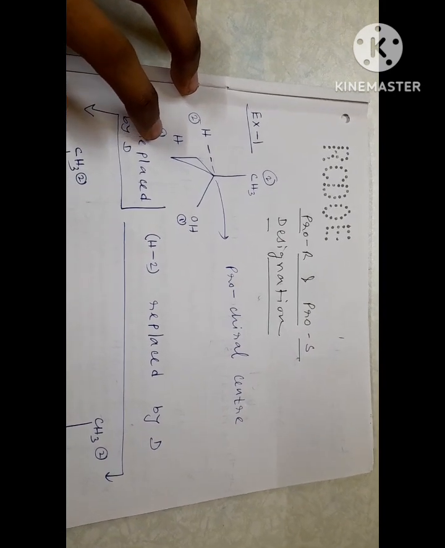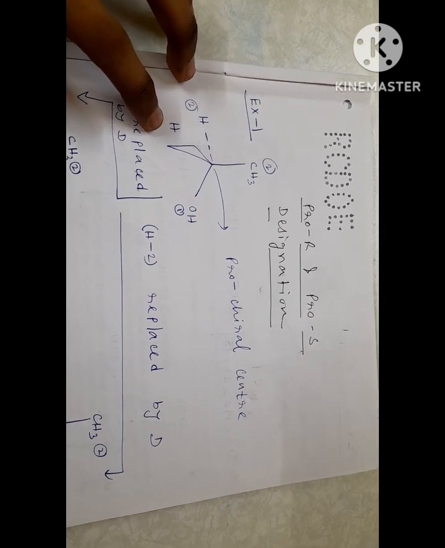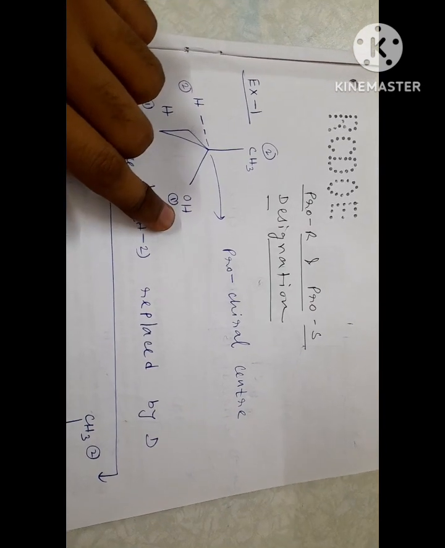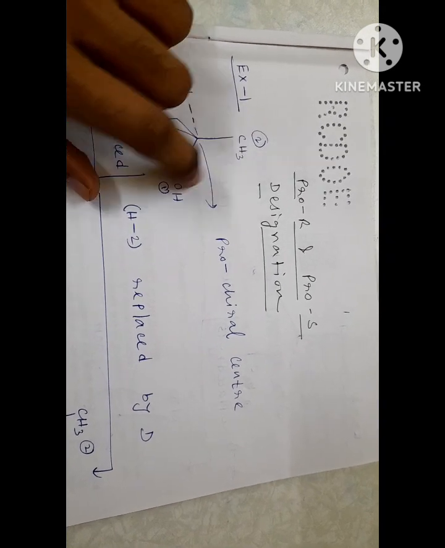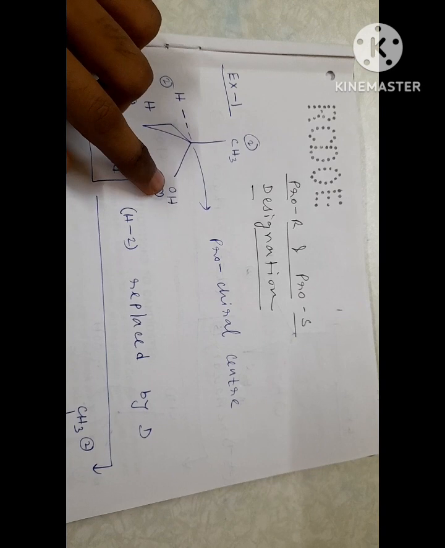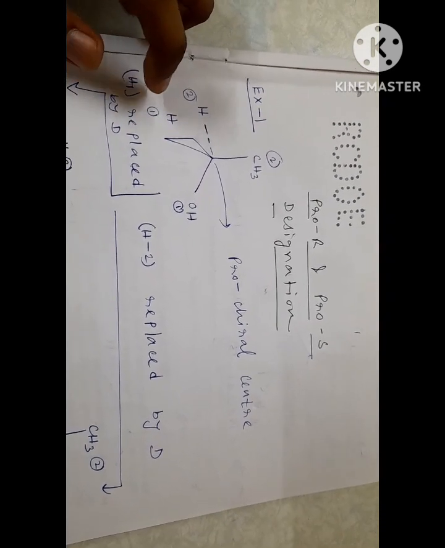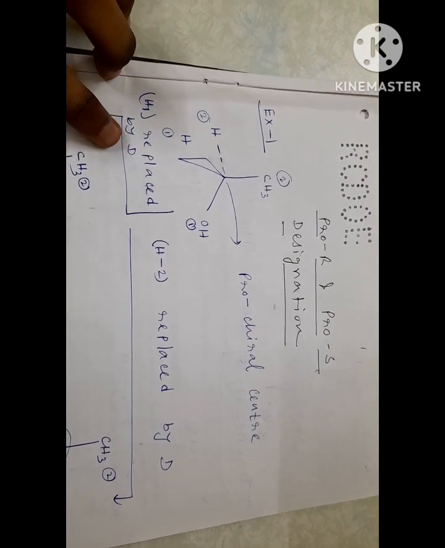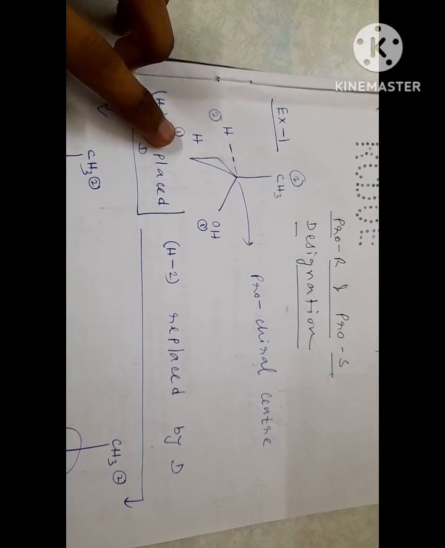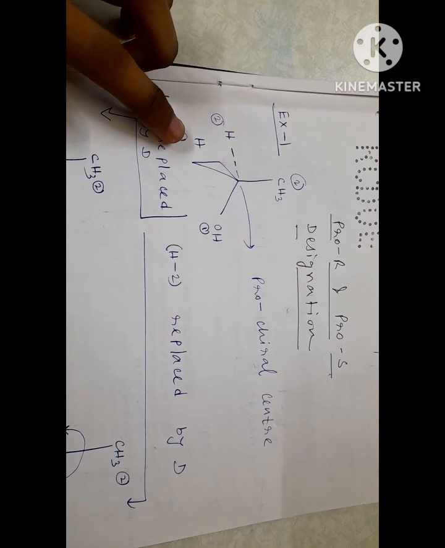First of all we need to check the priority of the pre-existing groups, because here OH has the higher priority, methyl has the second. According to the atomic number, OH is first, methyl is second. Between these two hydrogen atoms I have chosen H1 to be replaced by deuterium because I want to determine whether it is ProR or ProS for H1 only.